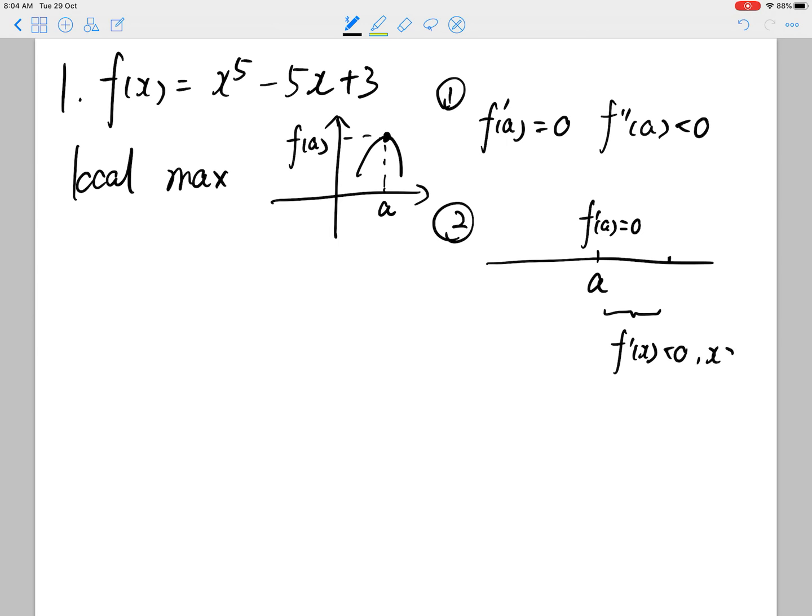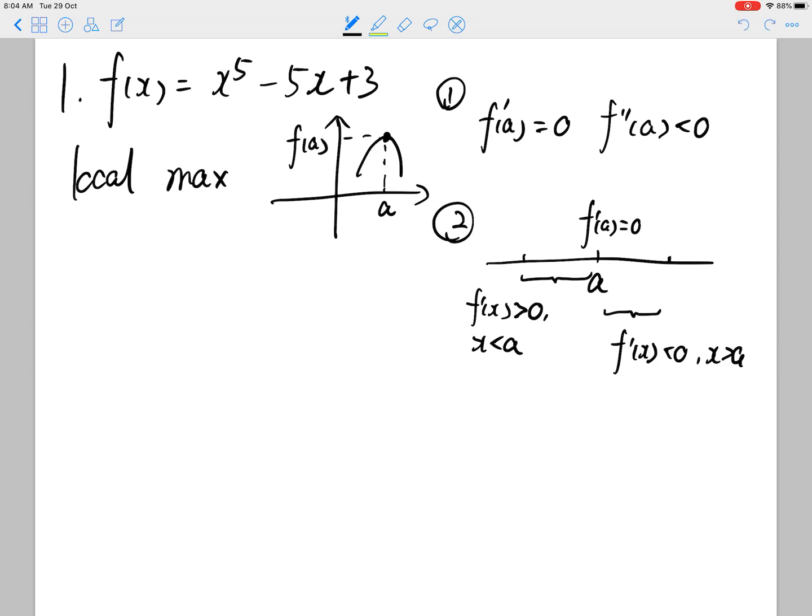And on this part, let me write down, the function is increasing, so the derivative is positive when x is smaller than A. So there are two ways to define this point as a local maximum. Let's use the first way.